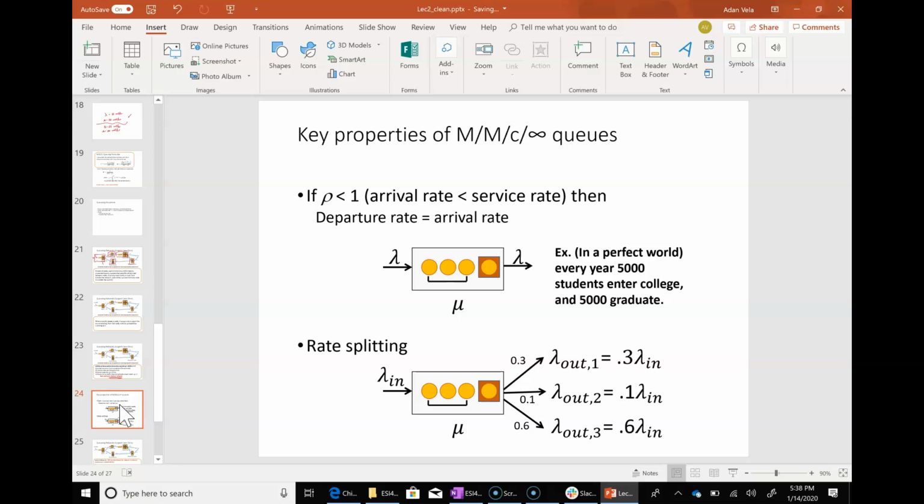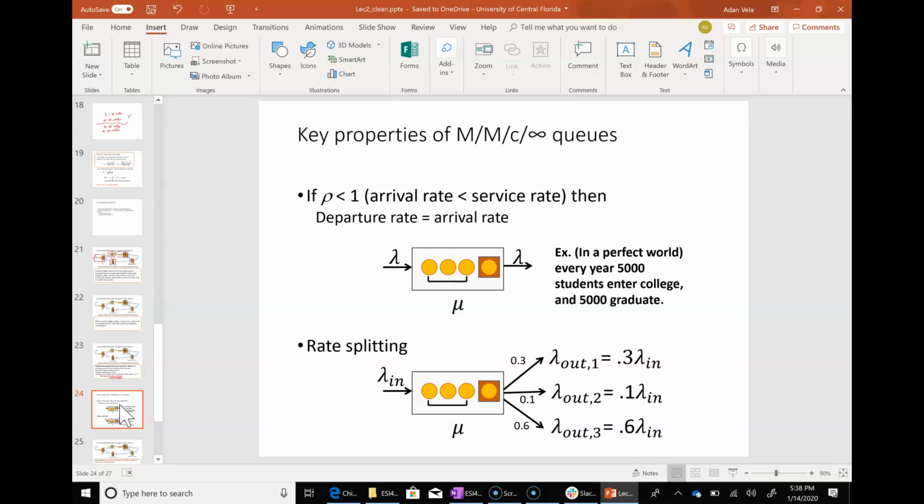With these properties of the Jackson network, we can couple it with two other properties that are closely related. The first one is, what goes in must go out. So, in a perfect world, 5,000 students enter college, 5,000 students leave college.